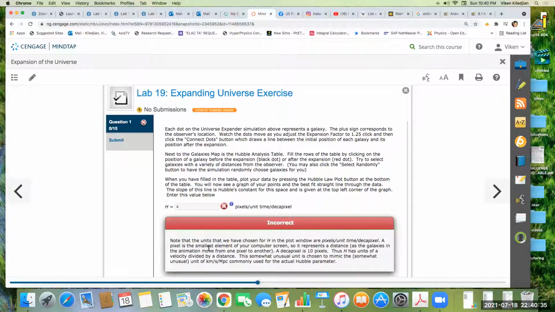A pixel is the smallest element of your computer screen, so it represents the distance as the galaxies in the animation move from one pixel to another. A decapixel is 10 pixels. Thus, H has units of a velocity divided by distance. This somewhat unusual unit is chosen to mimic the somewhat unusual unit of kilometers per second per megaparsec, commonly used for the actual Hubble parameter.